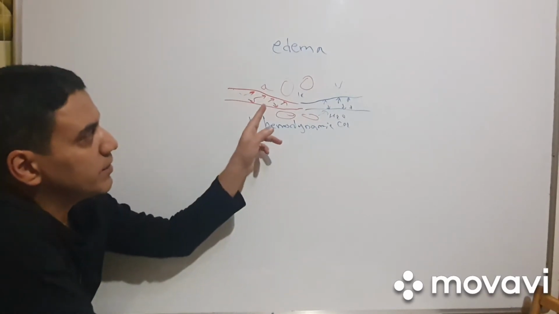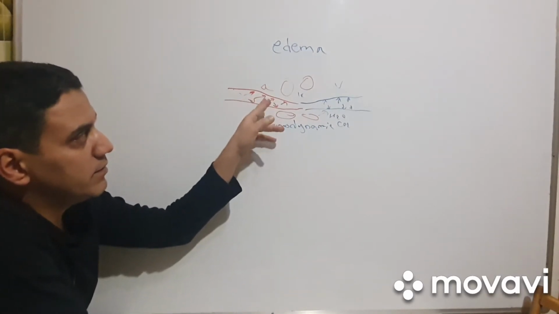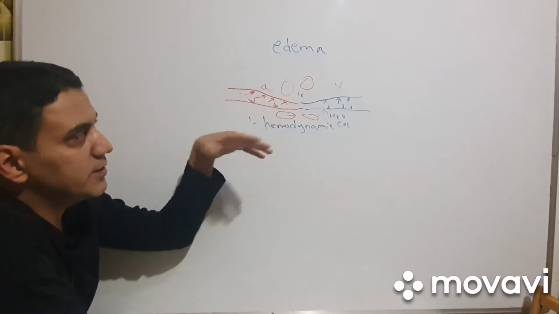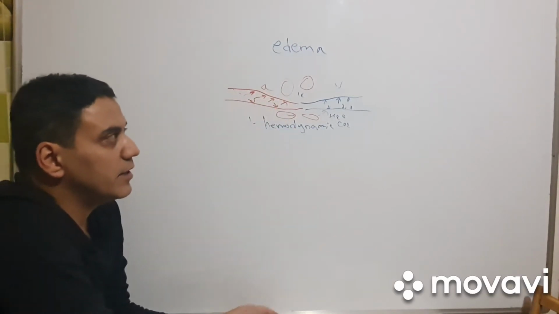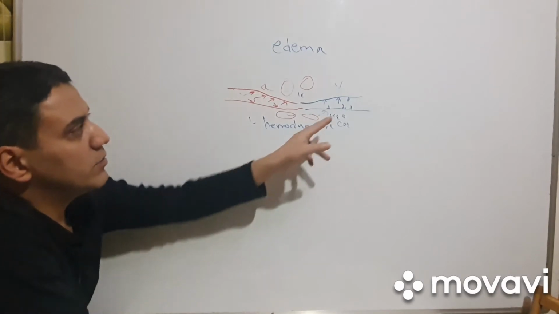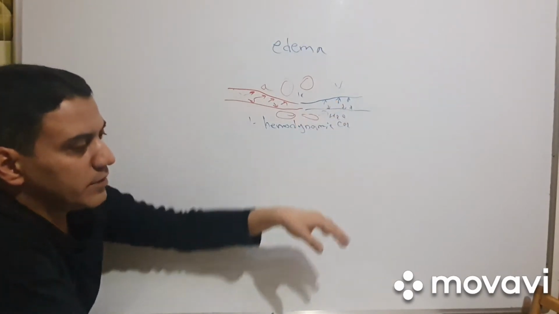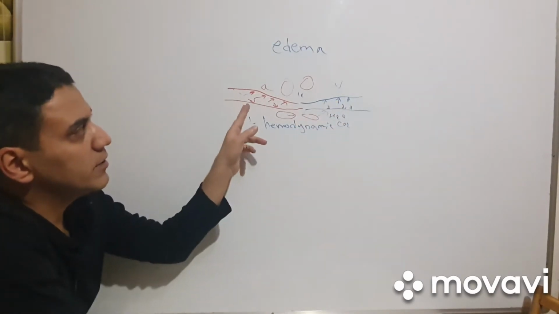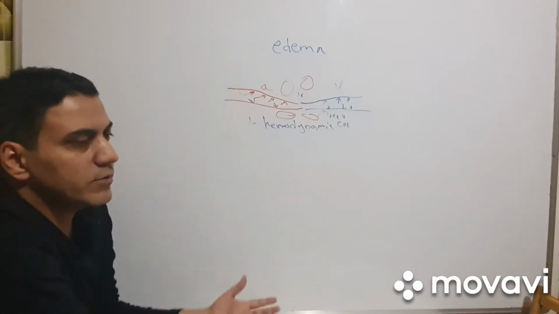So hydrostatic pressure inside arterial vessels is high, but hydrostatic pressure inside veins is low. Here about 30-35, here about 10 or 15.